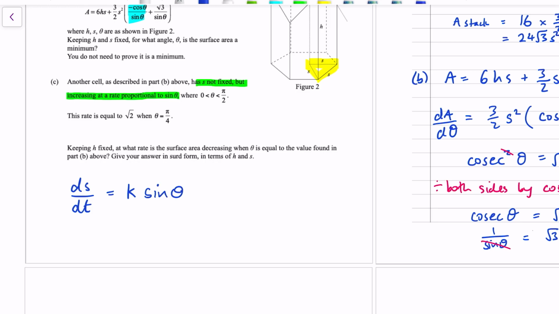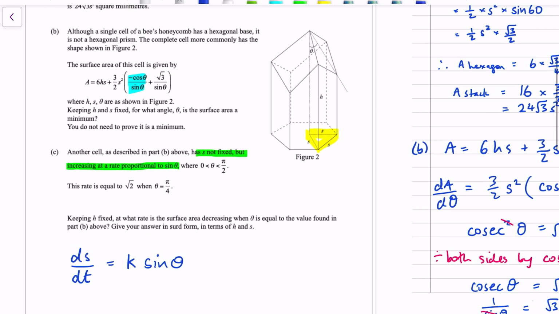So as theta increases, theta being the angle at the top of the honeycomb, sine of theta increases, and therefore the rate that S changes increases up to a point, because when theta gets to pi over 2, 90 degrees, sine starts decreasing, so the rate that S changes starts decreasing.